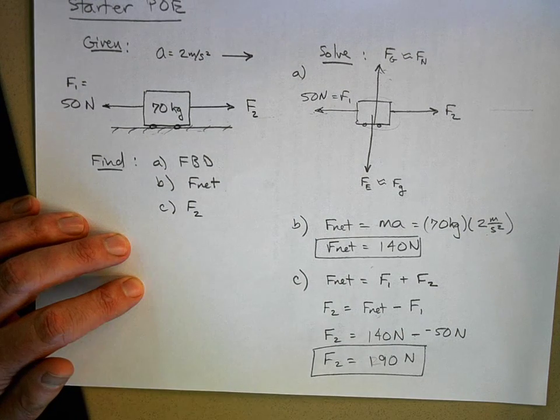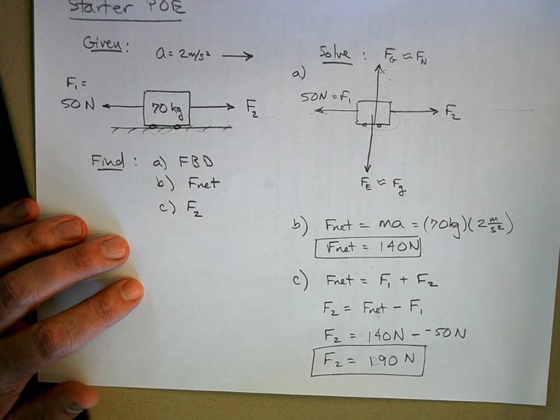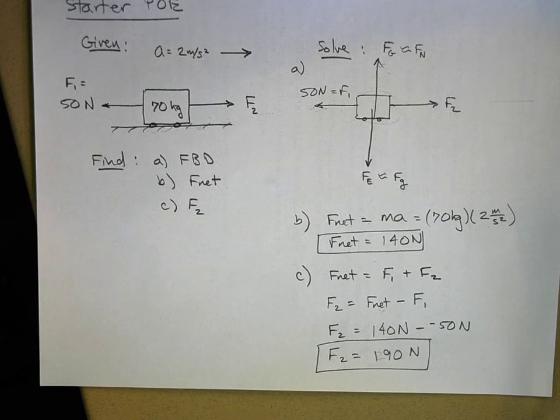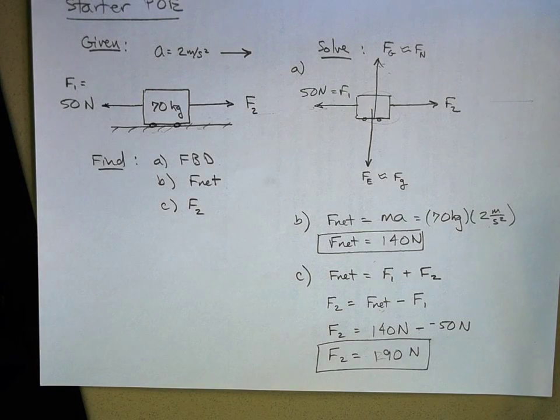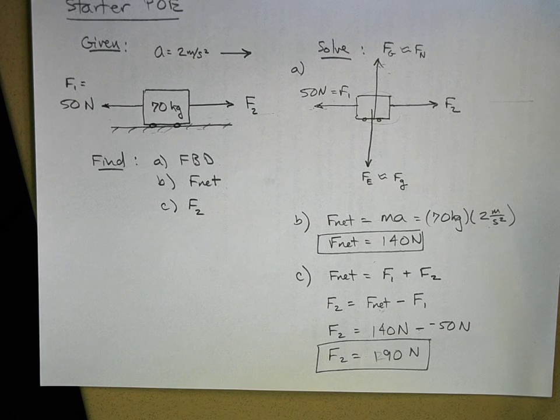So I add those together and I get 190 newtons. Do you see it conceptually as well? If you get too lost in the math, sometimes it's really easy to drop a negative sign. But if you think about what's happening in the real situation, if you visualize it, that can quite often get you through it.